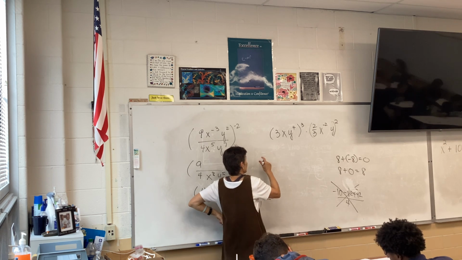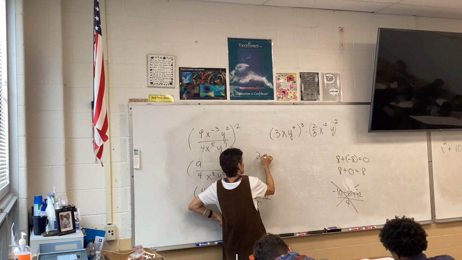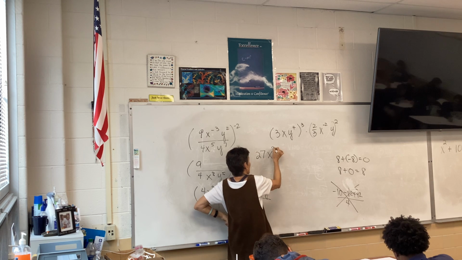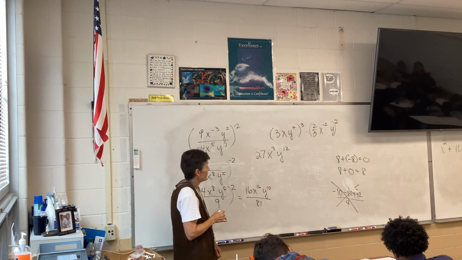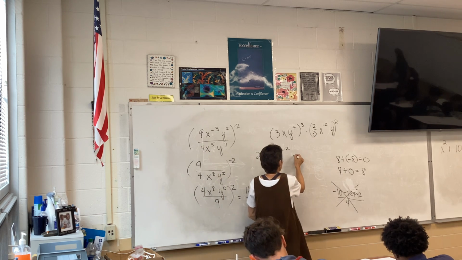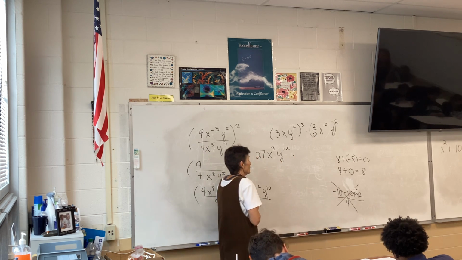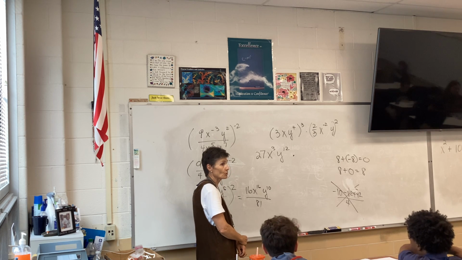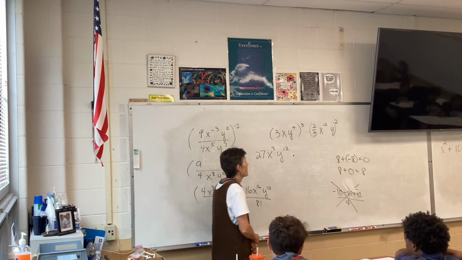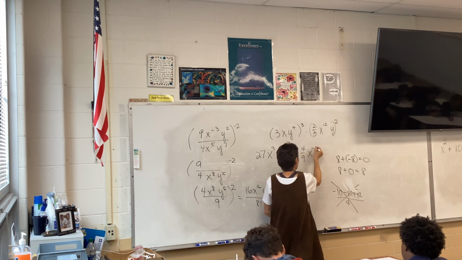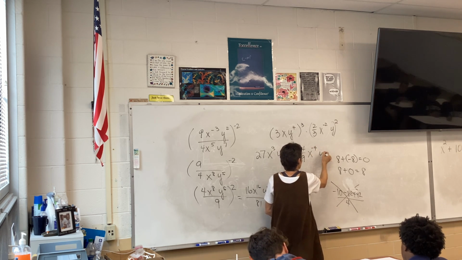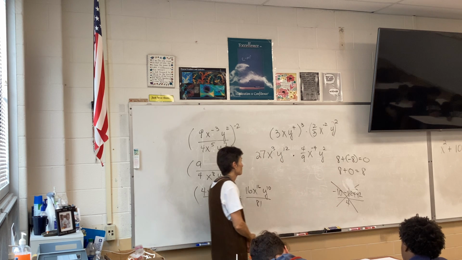So we'll just go ahead and do each one. So 27 x cubed y to the 12th, that okay with everybody? And then that's still multiplied. Okay, what is 2/3 squared? 4/9. And then x to the -4th, y squared? Yeah.